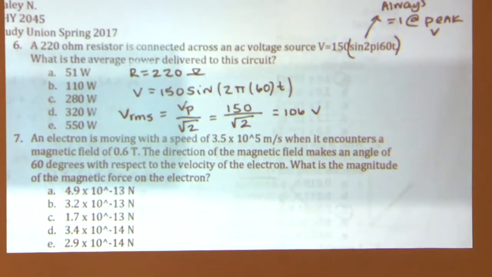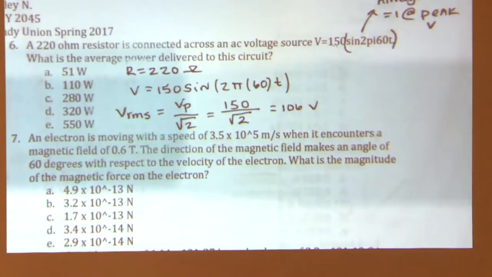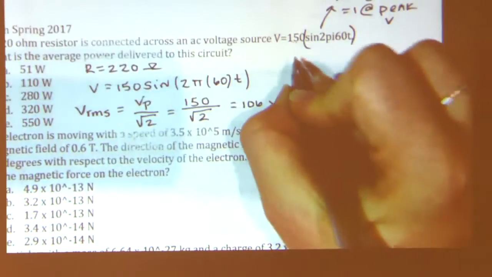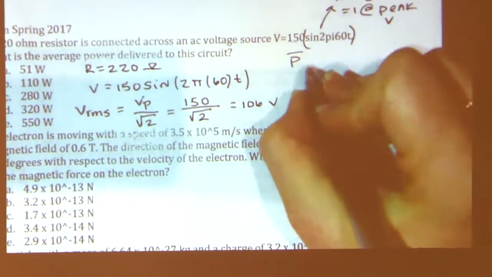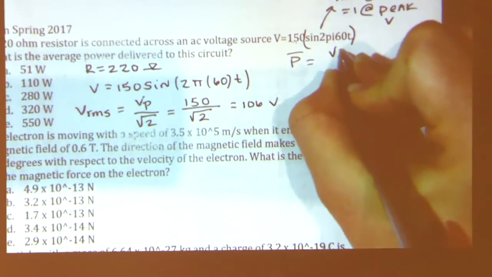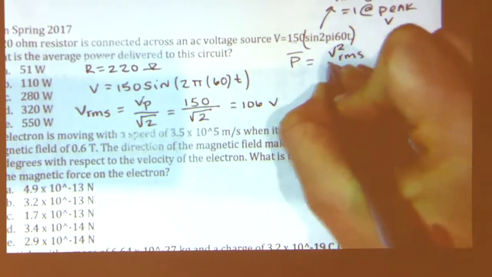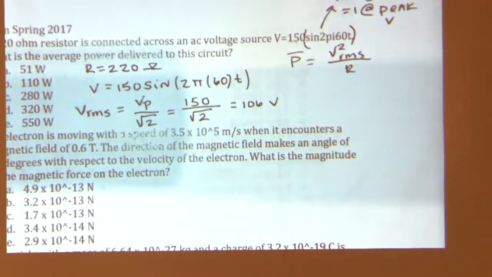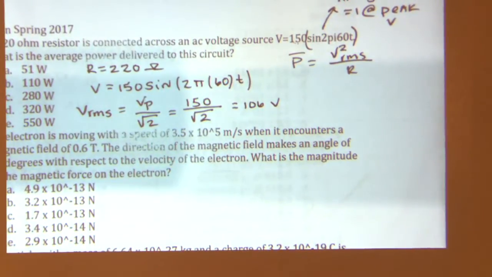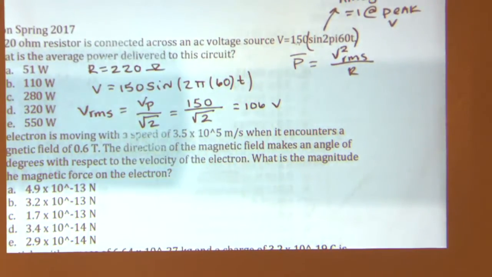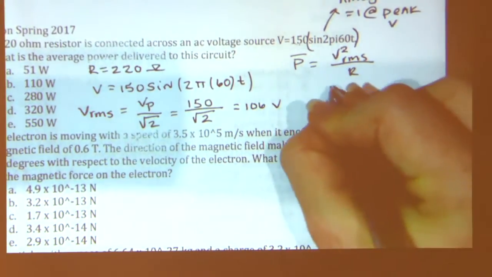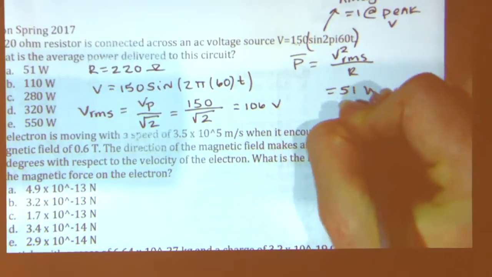Now we can solve for average power, where you can put the line over, P average, or PRMS, is equal to V squared RMS over R. Now we have that, and we have our resistance, and once you plug in those numbers, you should get 51 watts.